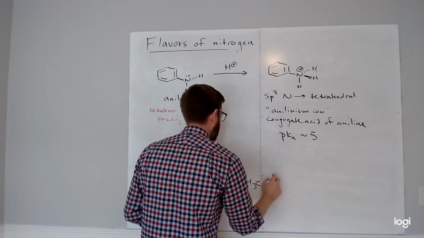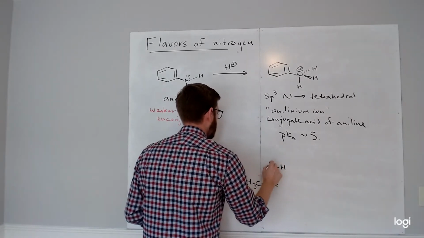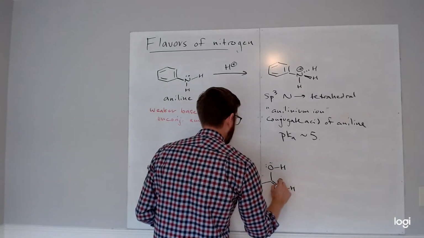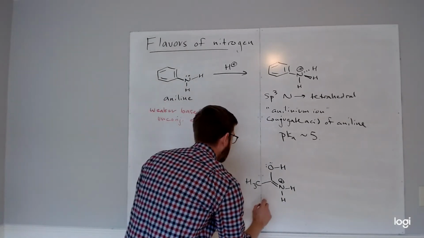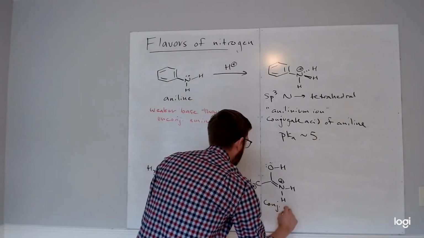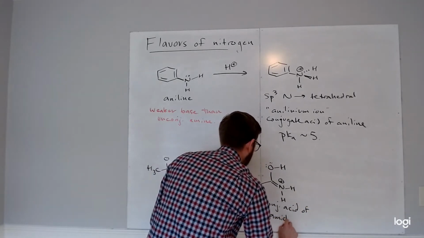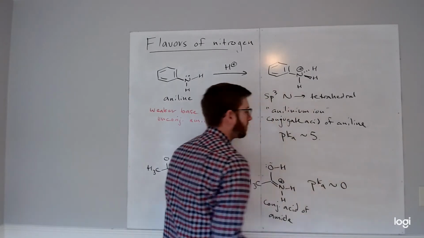And like I said, we actually end up protonating the oxygen. So this would be the conjugate acid of an amide. This has a pKa of around 0.